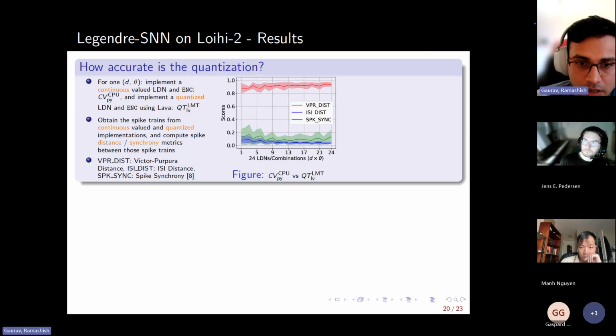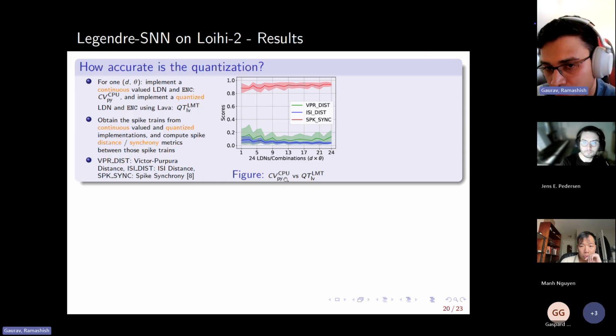So this figure represents the metrics from the VPR dist and the ISI dist and the spike synchrony between two different implementations of LDN. One is the continuous valued LDN on the CPU and the other is the quantized LDN on the Lakemont cores. The spike synchrony metric, as I mentioned, the higher the value, the better the synchrony, or the more accurate the quantization.